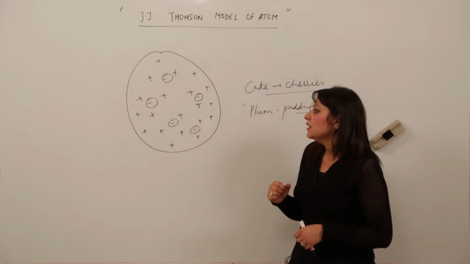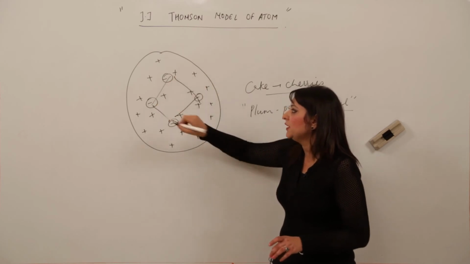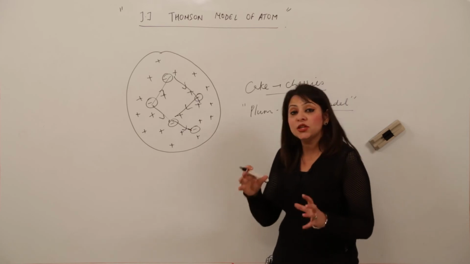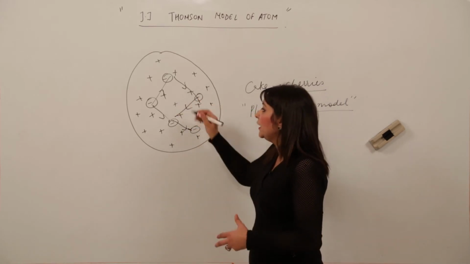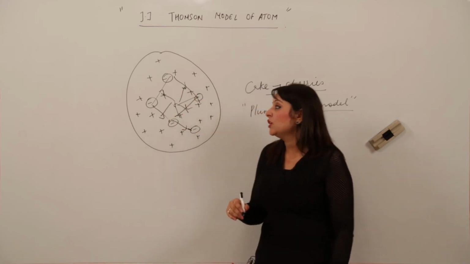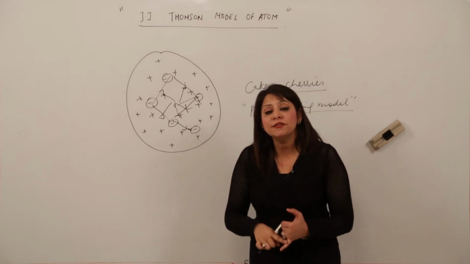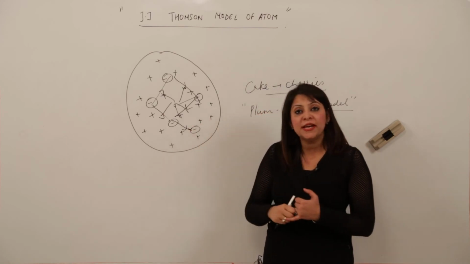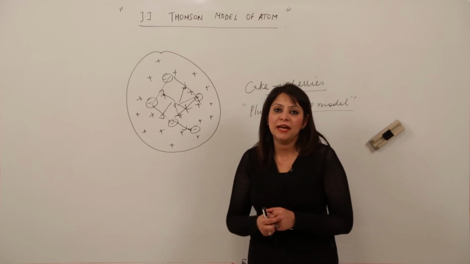But he said that the repulsive forces between the negative charges are just balanced by the attractive forces which they are experiencing from the center of the atom. Because these forces are balanced, he said that is why these electrons remain scattered.